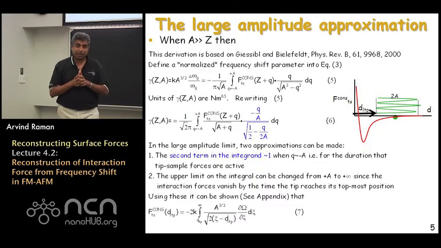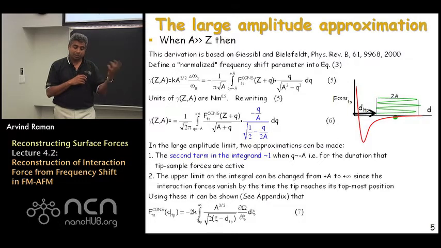So with those two implications in mind, one can invert this relationship and arrive at an expression for the tip sample interaction force at the lower turnaround point, which is the DLTP, given by this integral expression.